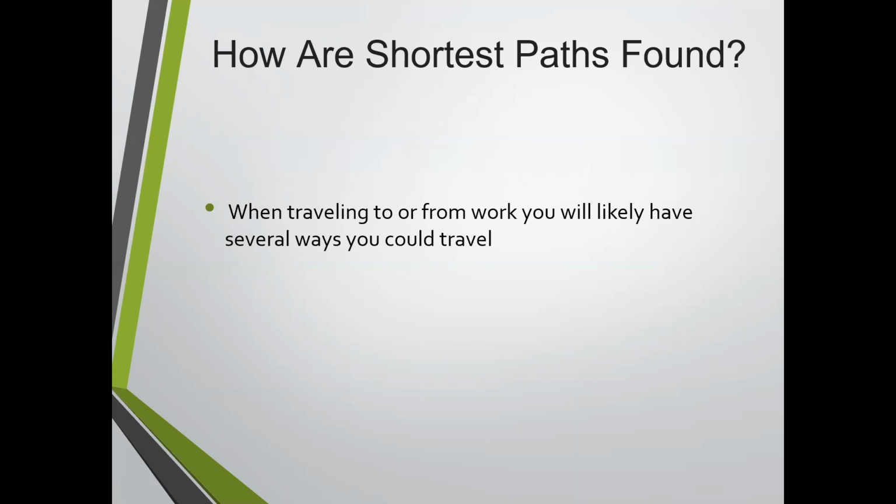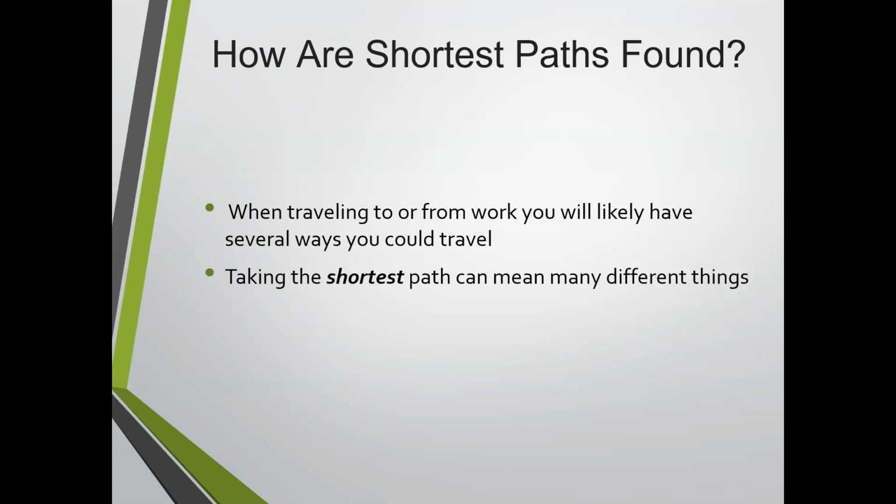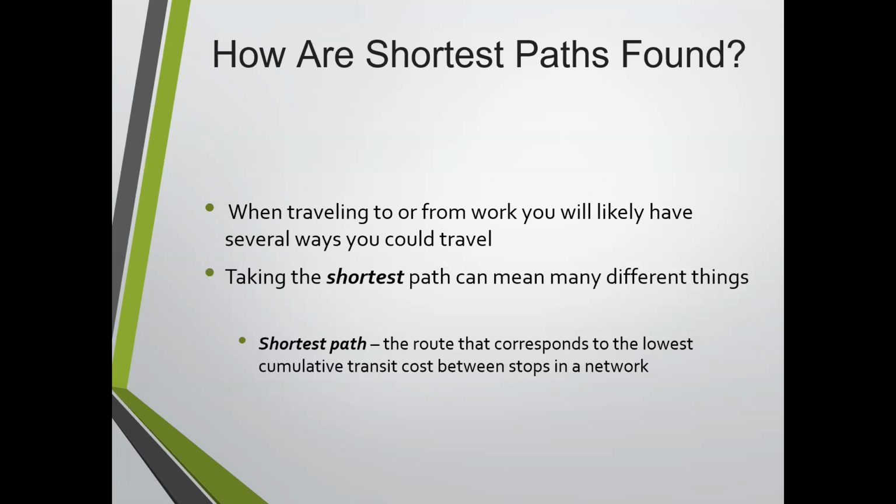When you're traveling, let's say, to or from work, you probably have one way that you go most of the time. But of course, if you have a traffic jam in one location, you probably have a couple of alternate routes that you can take. So basically, this is dealing with a travel network, okay? Taking that shortest path, as we said, may mean different things depending on what you're dealing with.